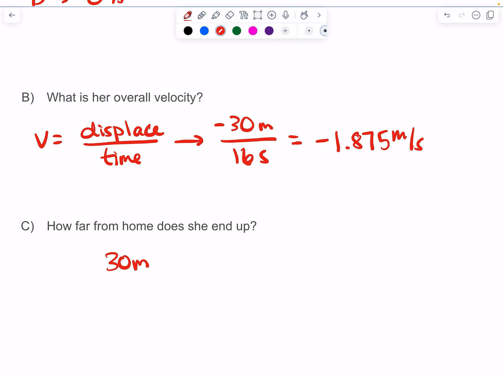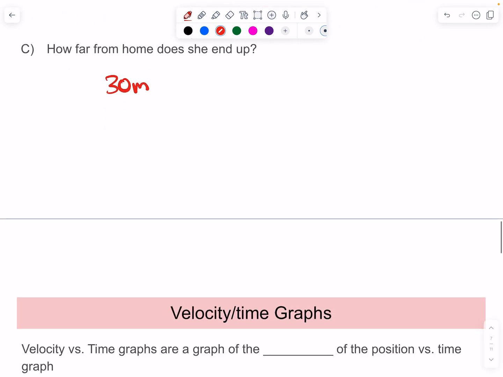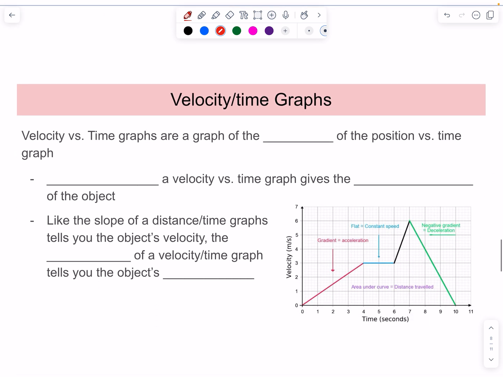So that's the basics behind a position time graph. Let's look at a velocity time graph. A velocity time graph is a graph of the slope of a position time graph. There are a couple things we can learn from a velocity time graph.